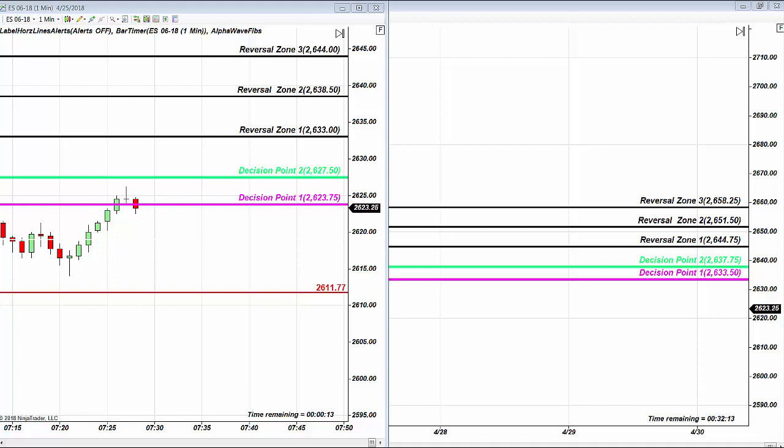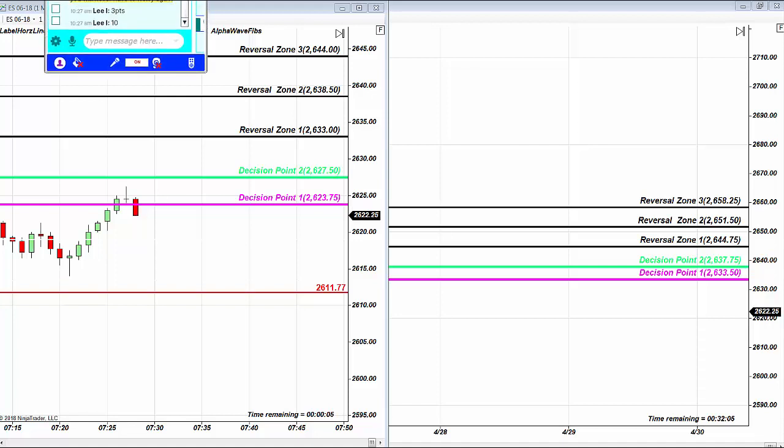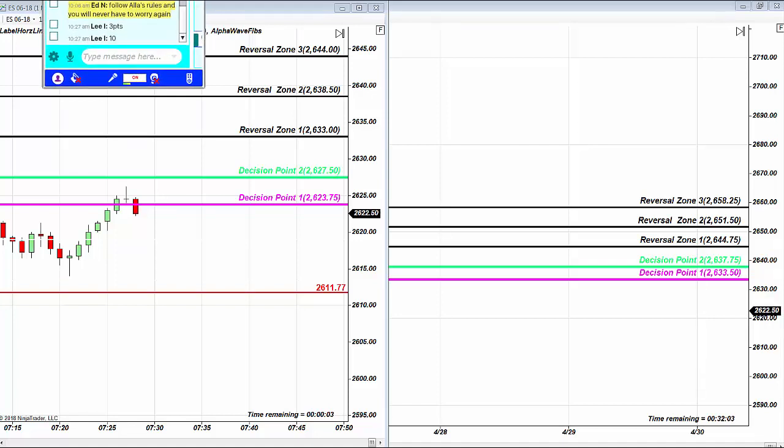Students posting their results. Let's see what students had done. So here we go. 10 lots only on 3 points. Every single student trades different lot size. Jochen 2.75, 5 contracts.